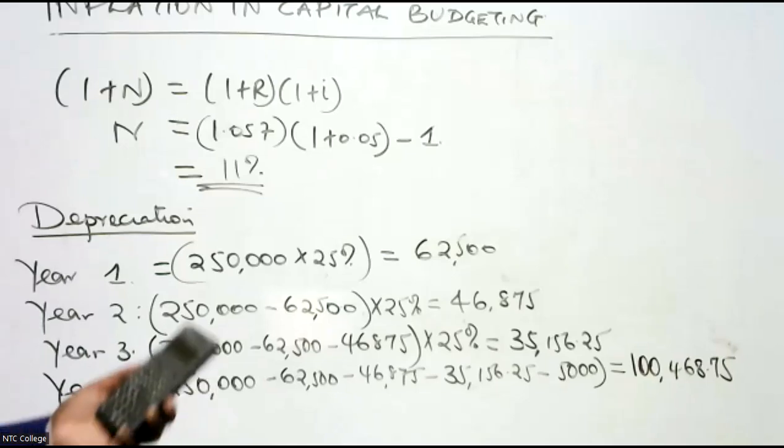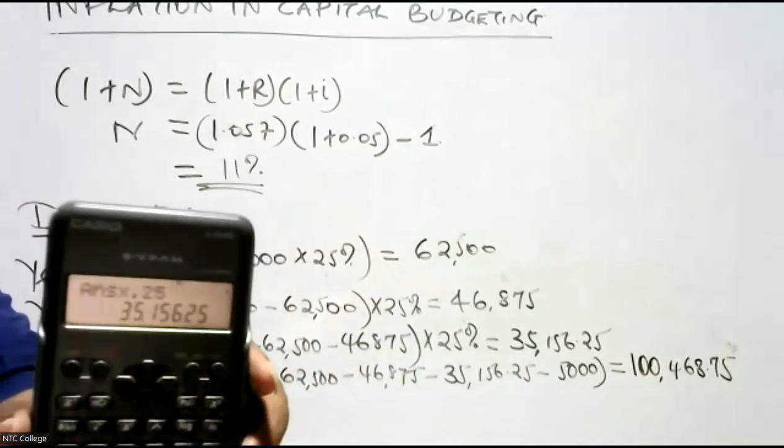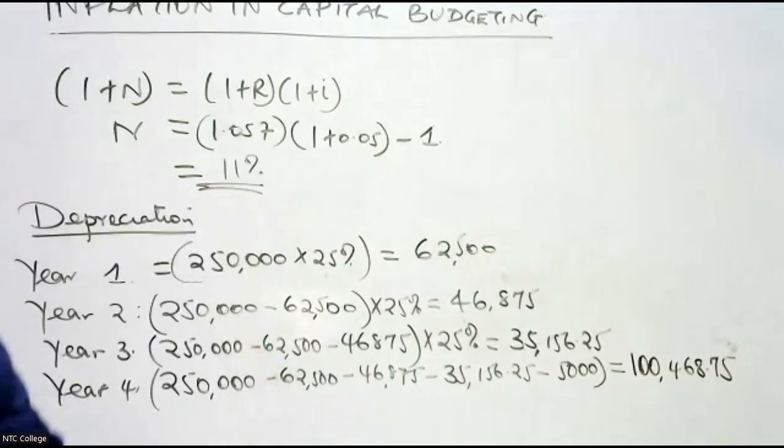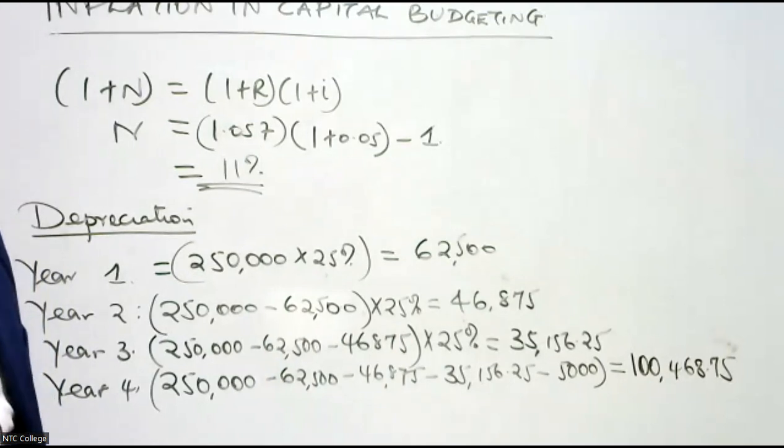When I calculate, I'm getting my answer here: 35,156.5. So just check.